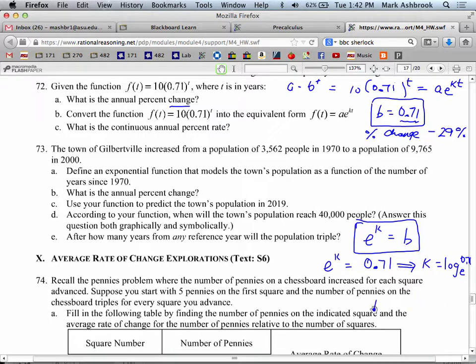And what are exponents of e? Natural log. Log base e is natural log. Every natural log is an exponent of e. It's the exponent of e that gives this number right here. That's what a natural log is. Okay, what is ln of 0.71?